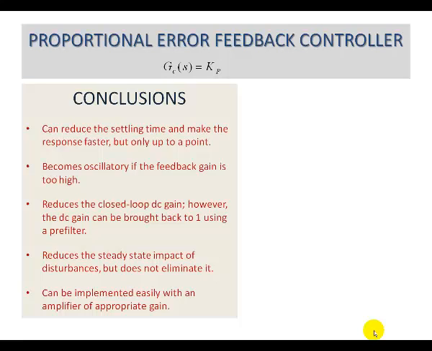But it can be sufficiently reduced so that it doesn't really matter too much. Finally, a proportional error feedback controller can be implemented very easily with an amplifier of appropriate gain. So it's a relatively simple implementation.